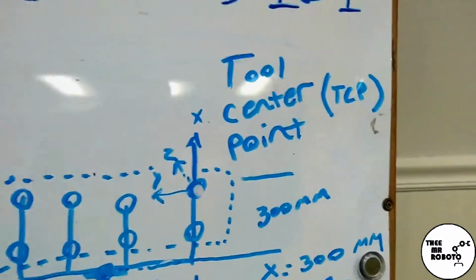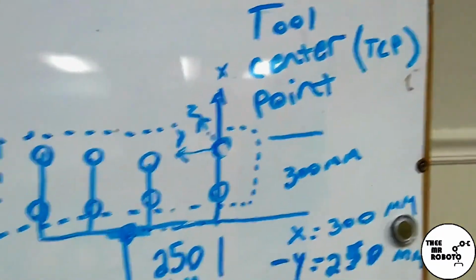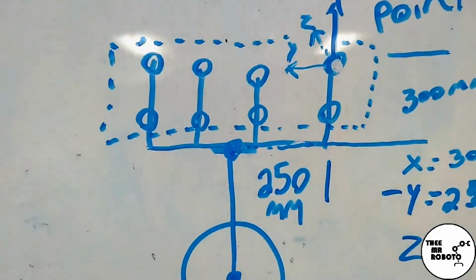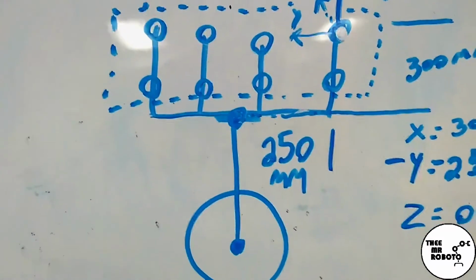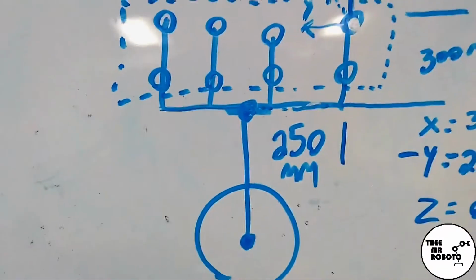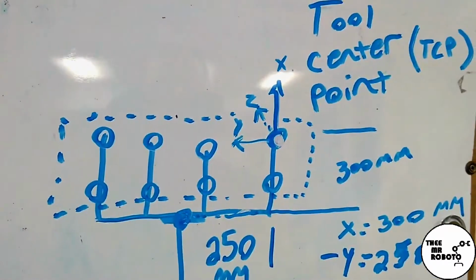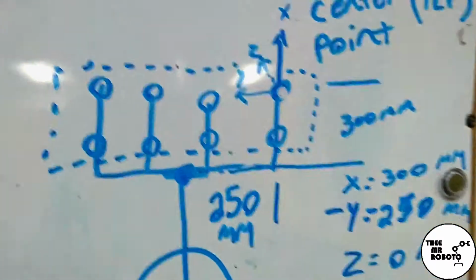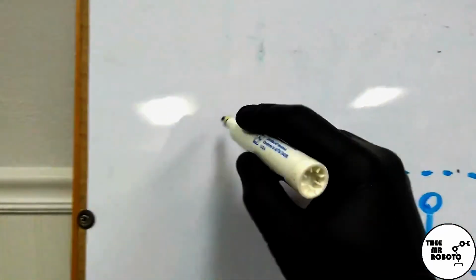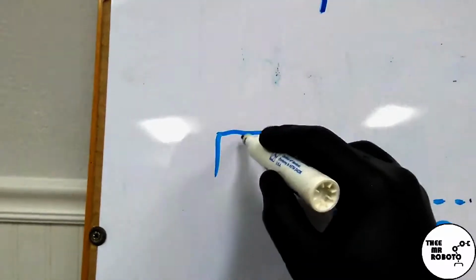So, a tool center point essentially is nothing more than an XYZ offset from your flange coordinate system. All right? So, if we go back to the example of our robot, right?